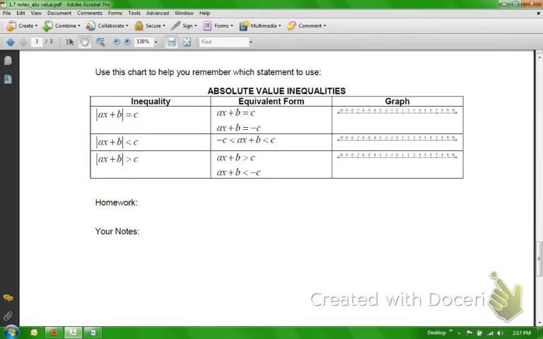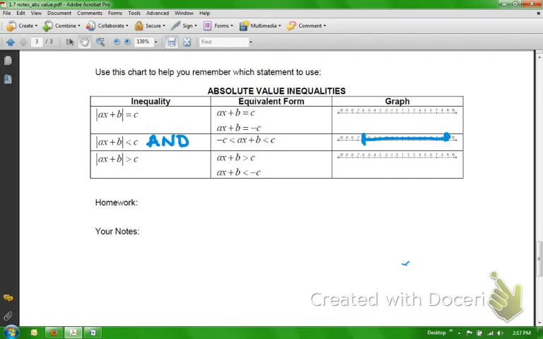This chart might help you remember what to do when solving these. For a less than inequality, remember these are sometimes referred to as AND inequalities. We want the value between the absolute value bars to be between the values, greater than negative c and less than c. So if we have a value here and a value here, we want it to be between them.